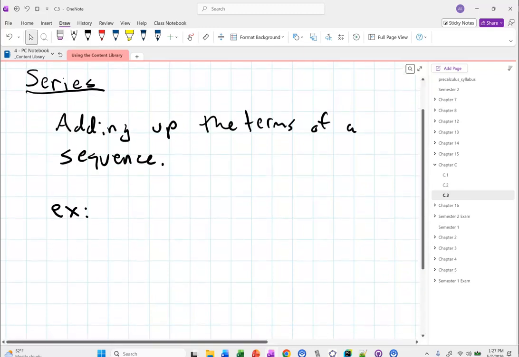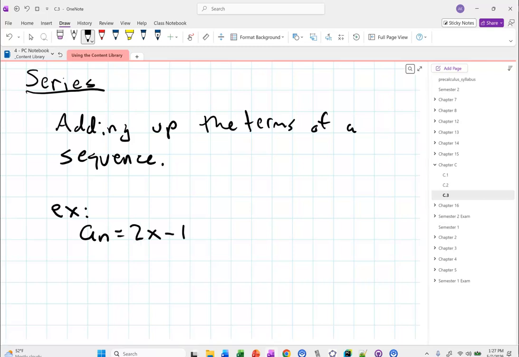So for example, let's say we have the sequence a sub n equals 2n minus 1. If I enumerate that sequence, that's just our positive odd numbers.